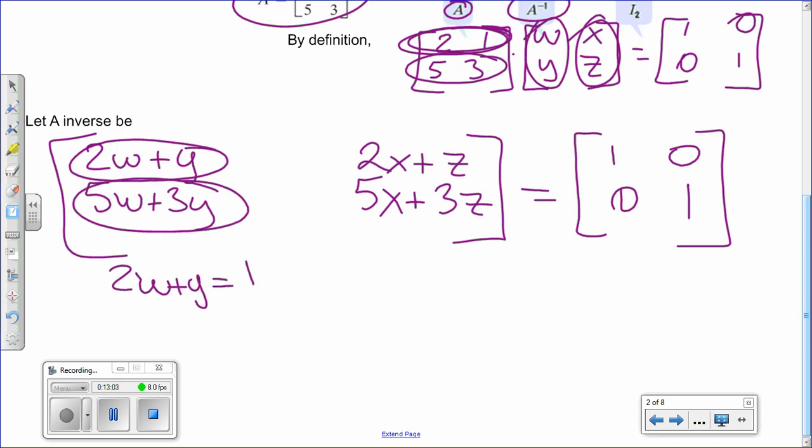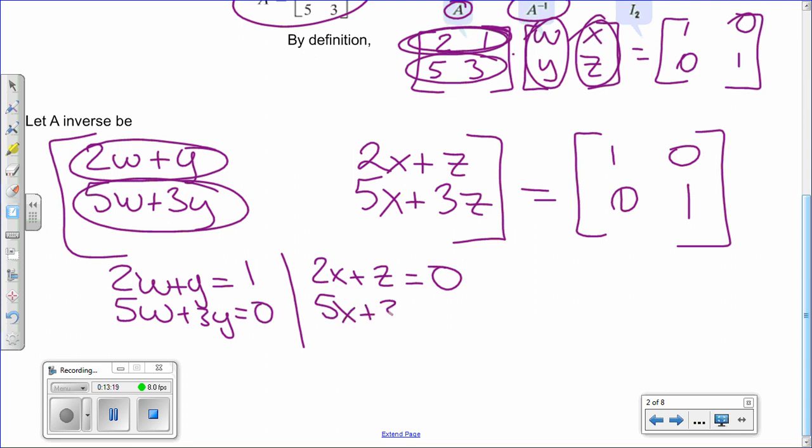This equation will equal 0. And then the other equation, 2X plus Z equals 0. And then 5X plus 3Z is equal to 1. And so you see there are two systems, 2 by 2.